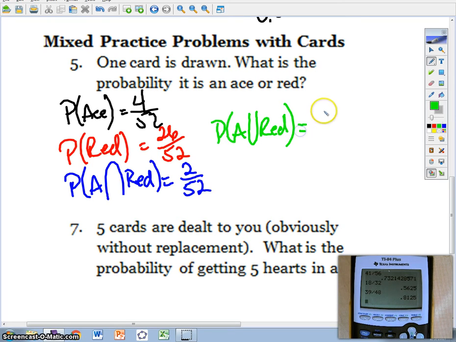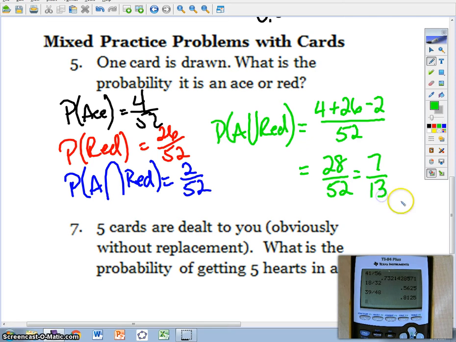Remember, it's the 4 aces plus the 26 red cards minus the 2 we're counting twice. When you do that out, you get 28 out of 52. And that does reduce. That reduces to 7/13.